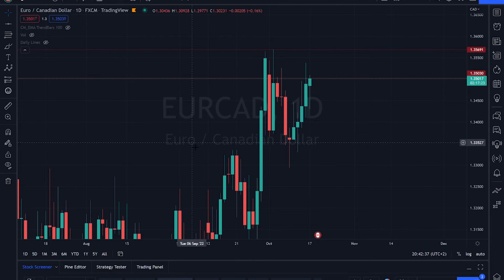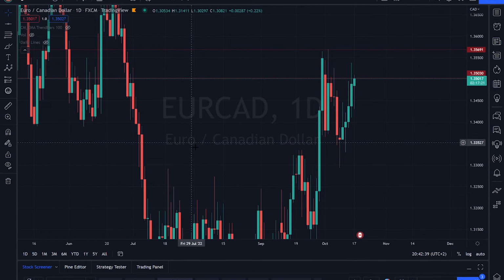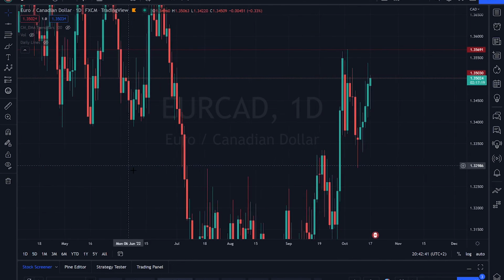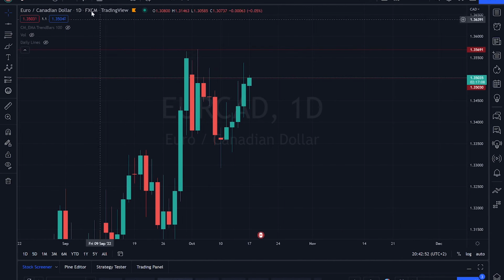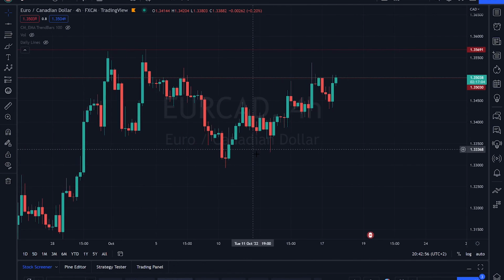We're probably going to go up and test this other level of resistance, where if we look back, we can see that we've had some other points that have shown support and resistance on that level. So I think it's a good time to take it down to the 4 hour so we can see a little more clearly.